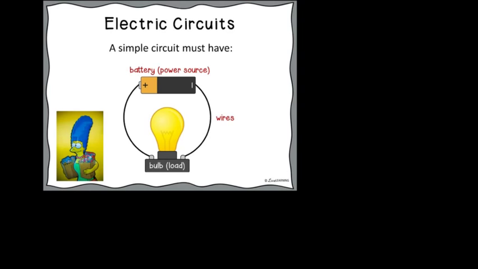And a lot of times in early experiments and diagrams, this is represented by a bulb, but it doesn't have to be a light bulb. It could be a buzzer, it could be a fan that you were able to turn on. It can be just about any kind of work that we are able to make happen by the flow of electricity.